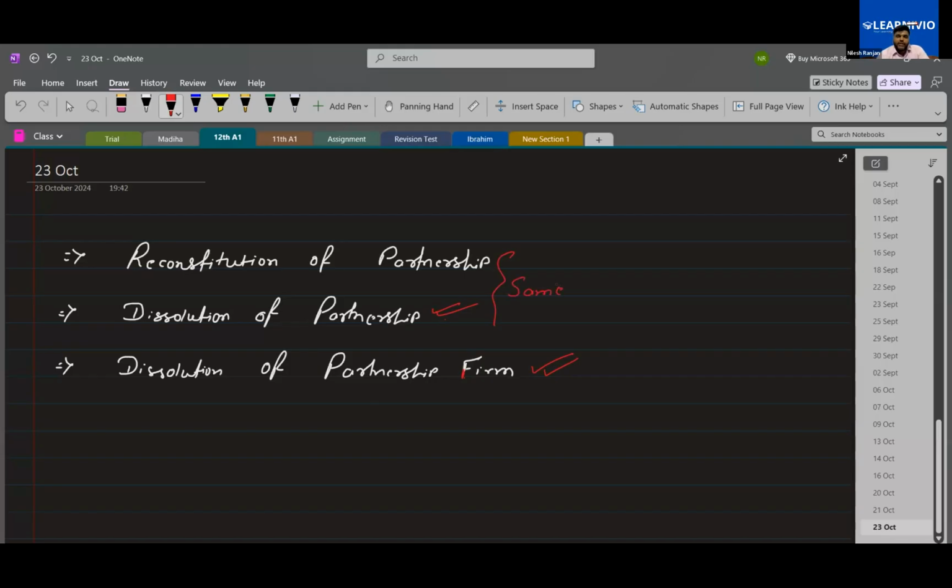Reconstitution of partnership and dissolution of partnership are the same. The words are different, but the meaning is the same. What is the meaning? Change in a relationship between partners.